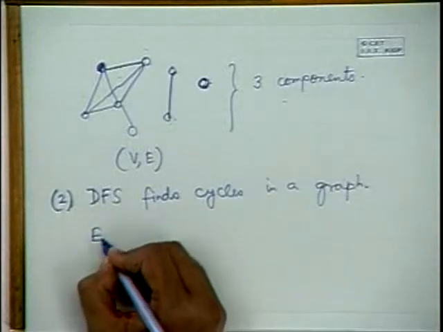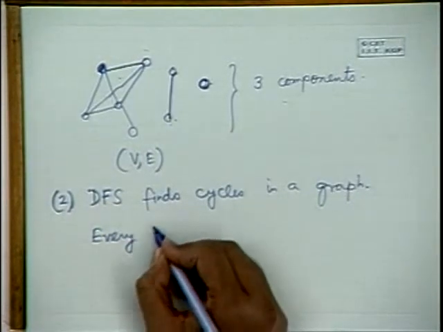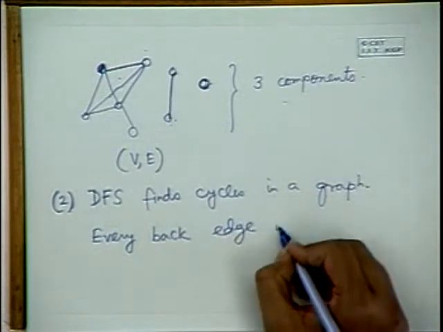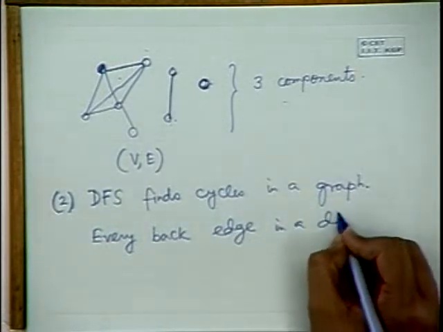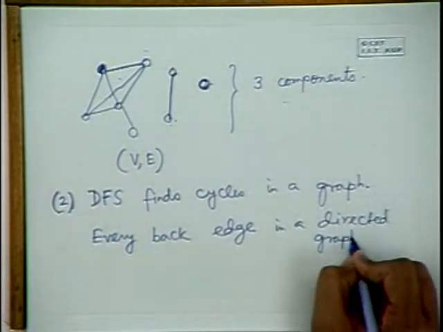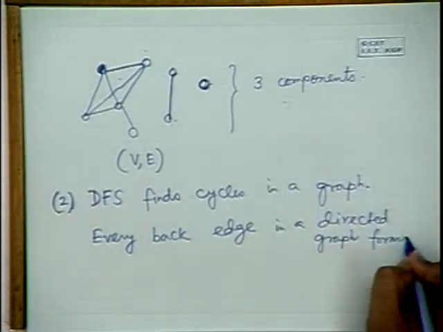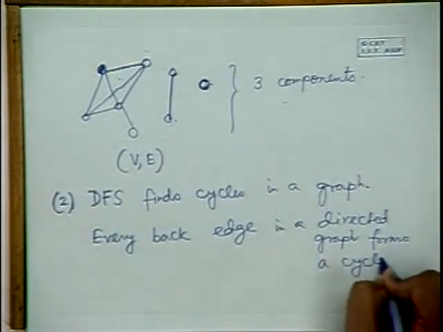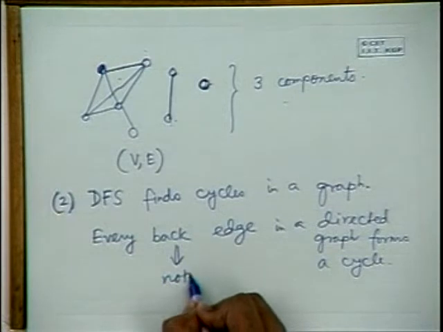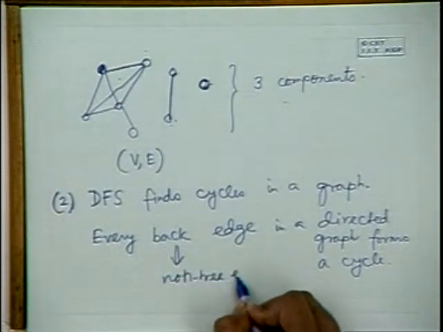So here it means every back edge in a directed graph forms a cycle, and this becomes non-tree edge if it is undirected graph.